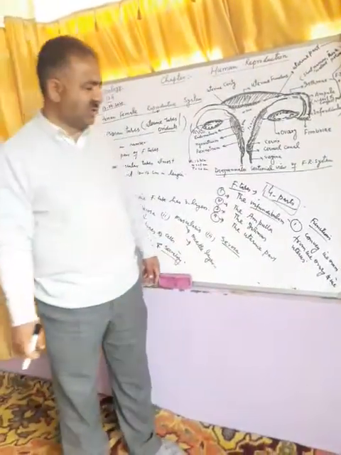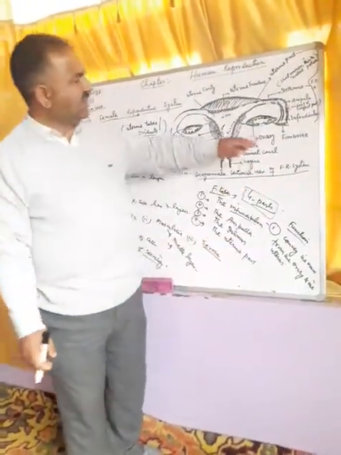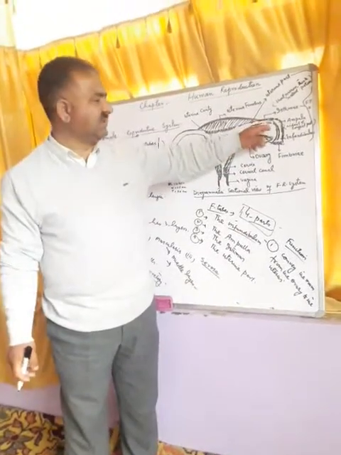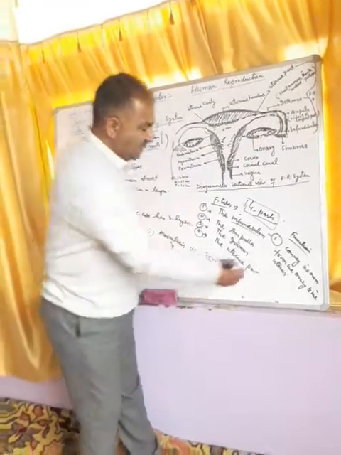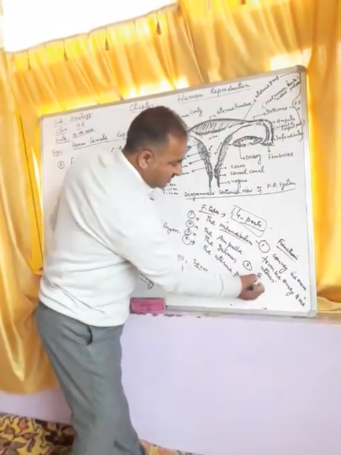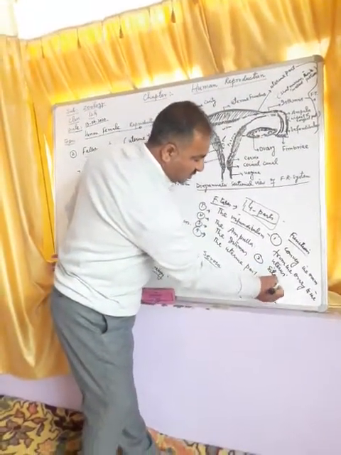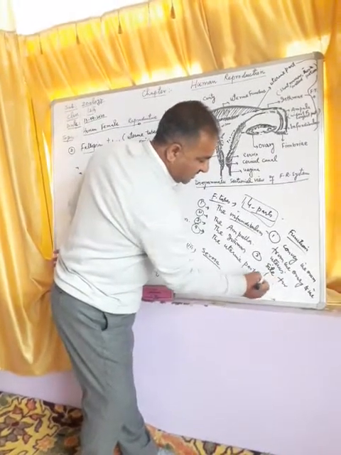In case fertilization takes place, the fallopian tube is also the site for fertilization.